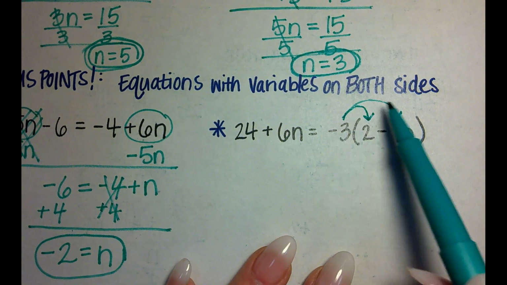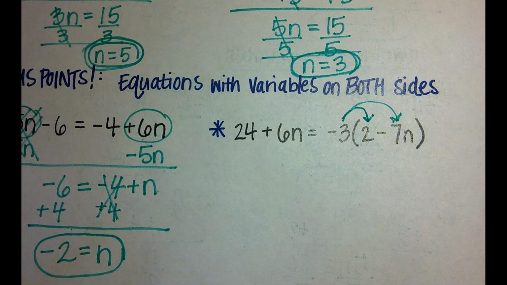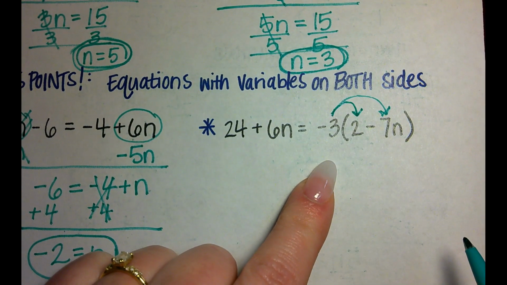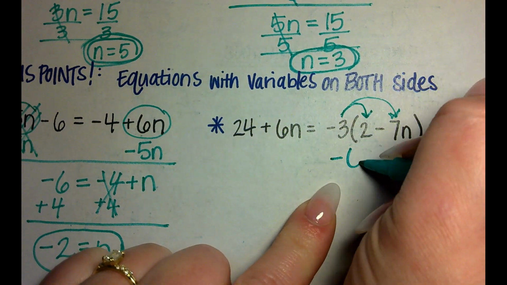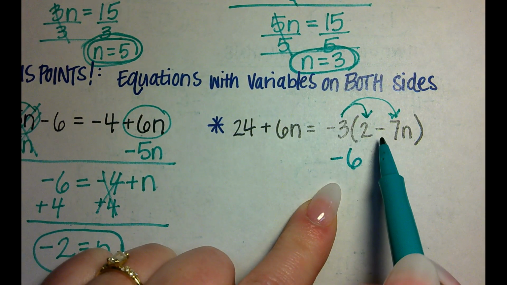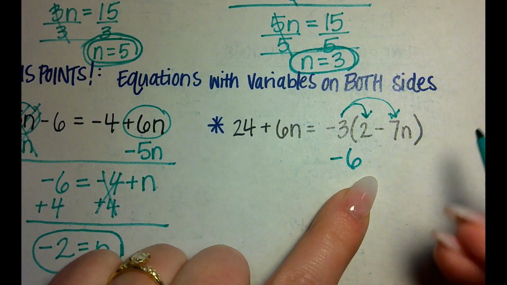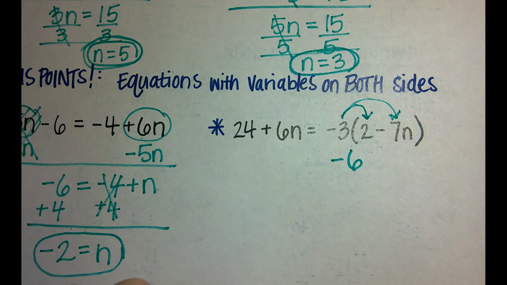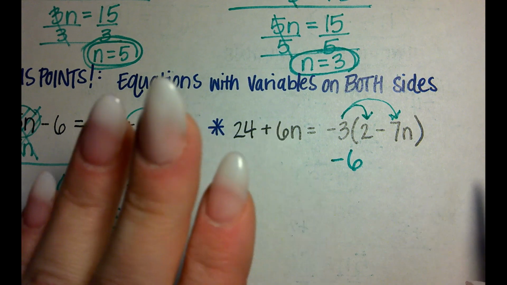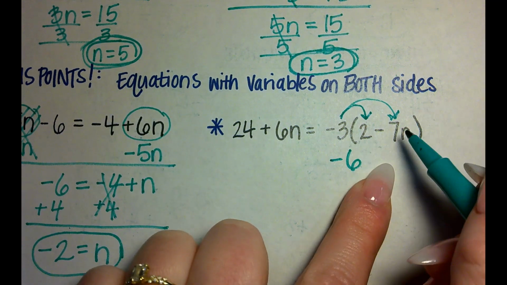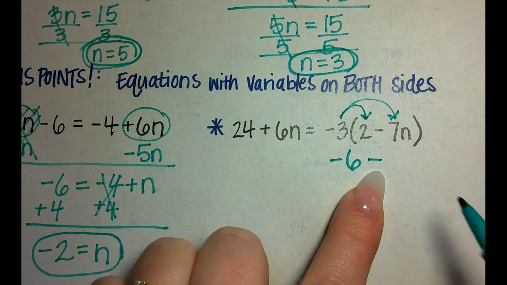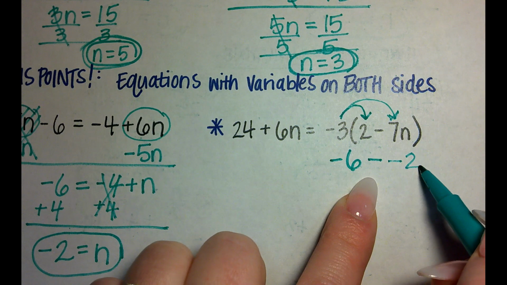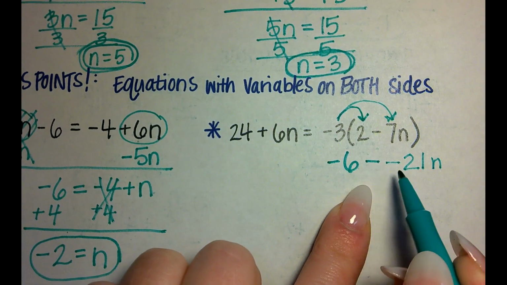So let's pretend we multiply everything here. So what happens inside? -3 times 2 is -6. -3 times -7n is positive 21n. Because if I bring down my minus sign and then I do -3 times 7, we end up with minus -21.